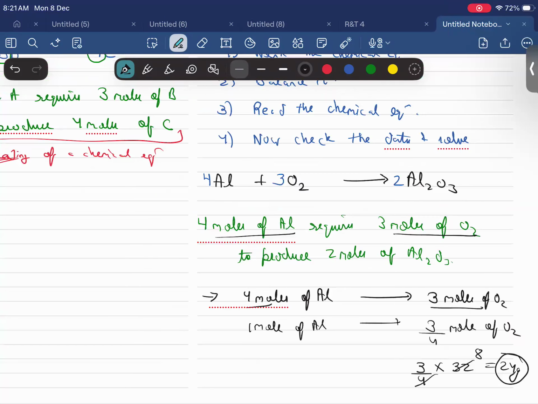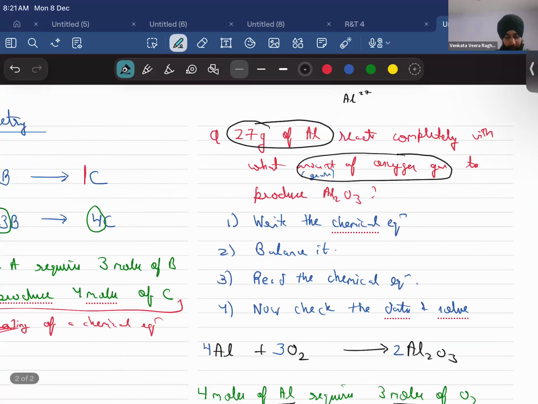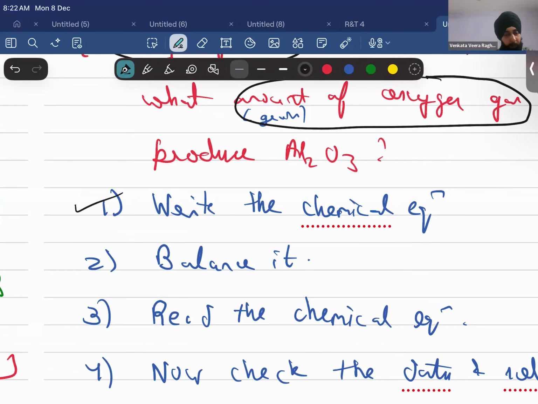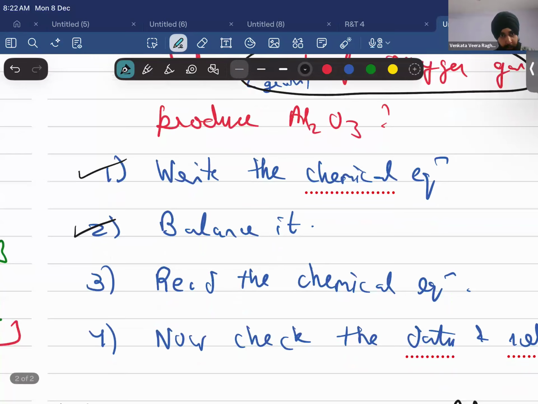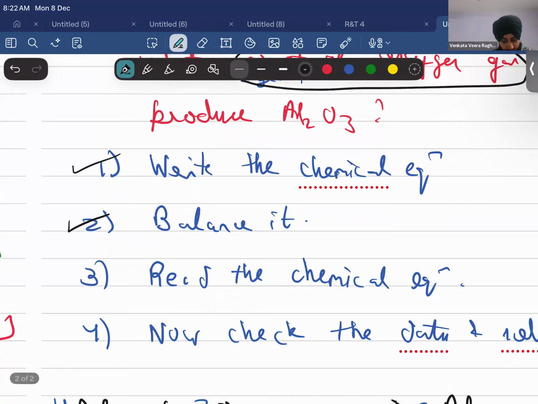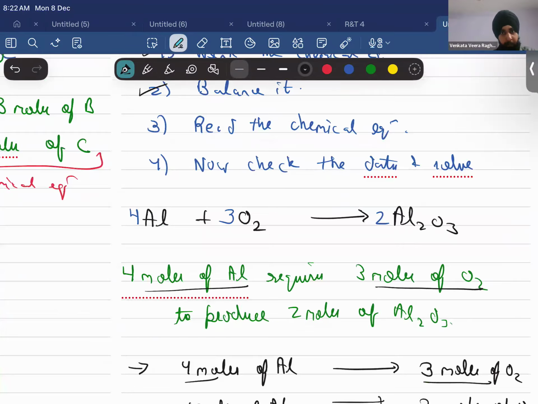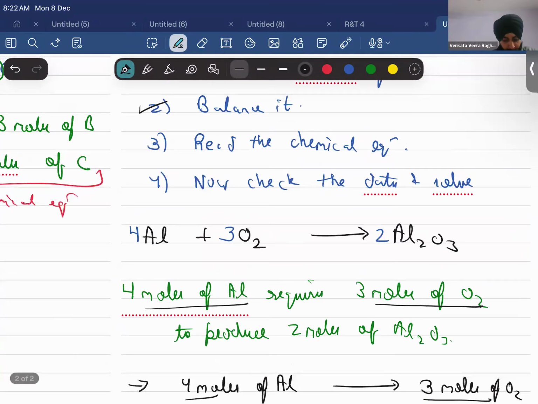Then I will move ahead. Listen to me very carefully. First of all, we wrote a chemical equation. We balanced it out. After that, we read the chemical equation as well. Then we checked the data and tried to solve it.